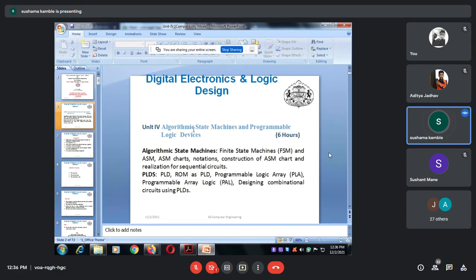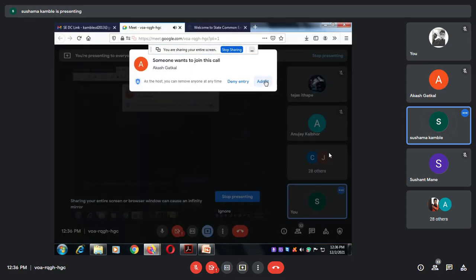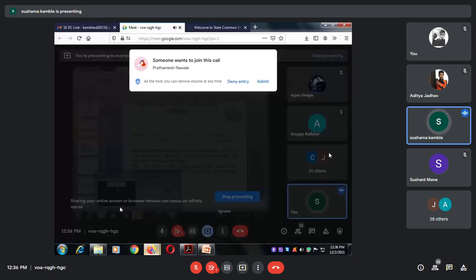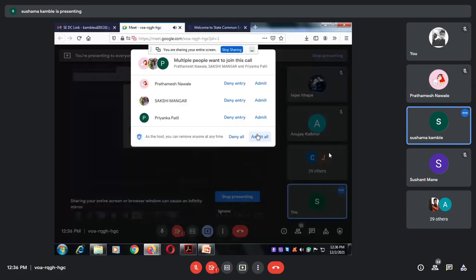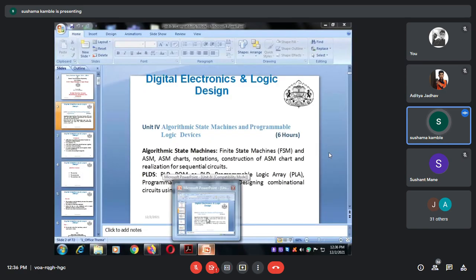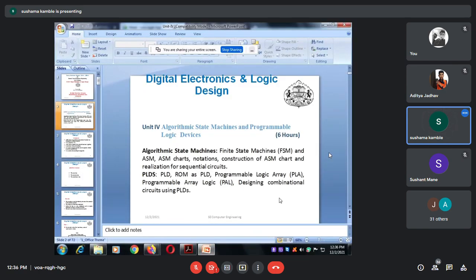See, this is your fourth unit, that is algorithmic state machines and programmable logic devices. In that you have to study the FSM, ASM, ASM charts, notations, construction of ASM chart, and realization of sequential circuits. Actually, these are like flow charts that you have already studied maybe in different computer subjects. The unit is divided into two parts.